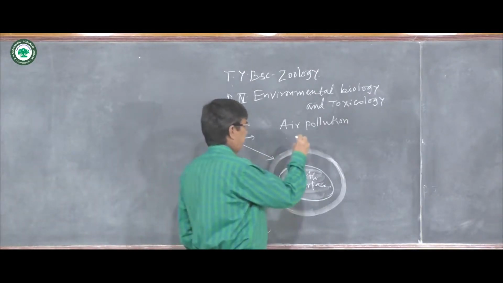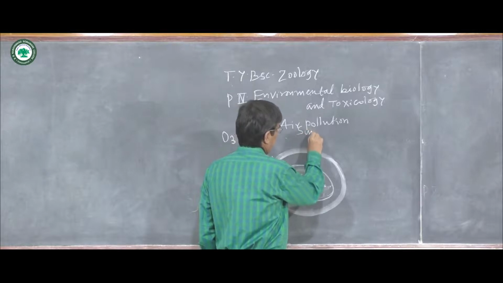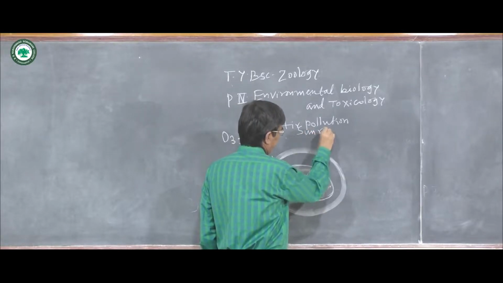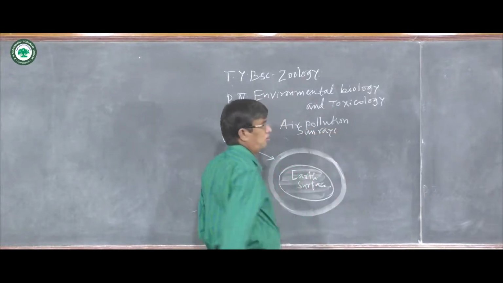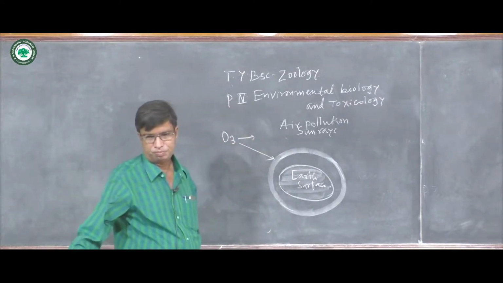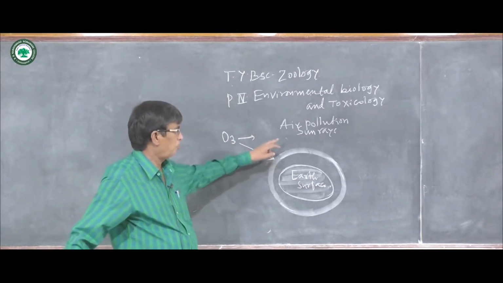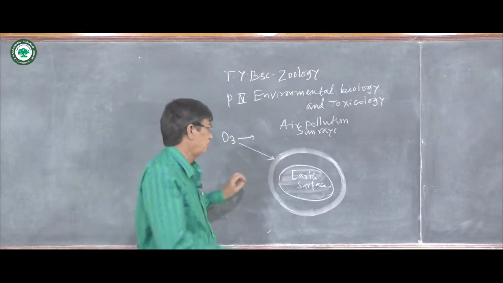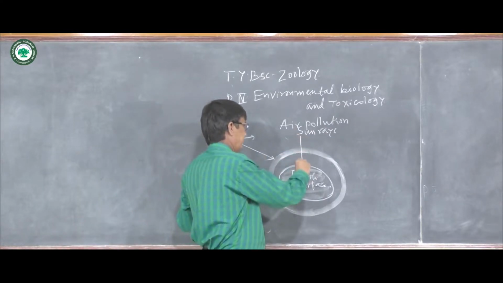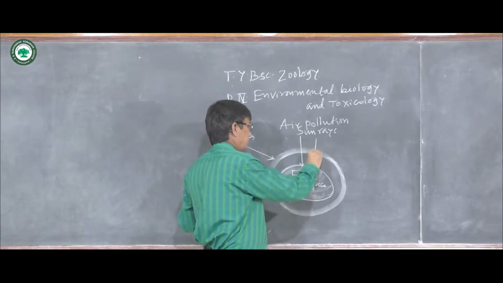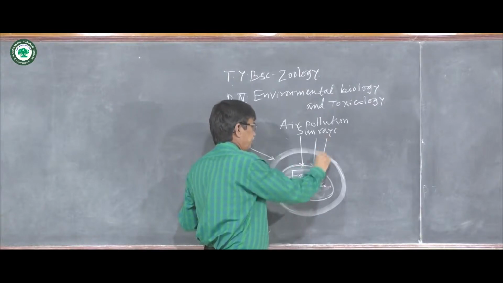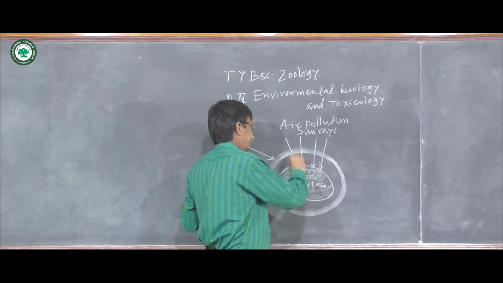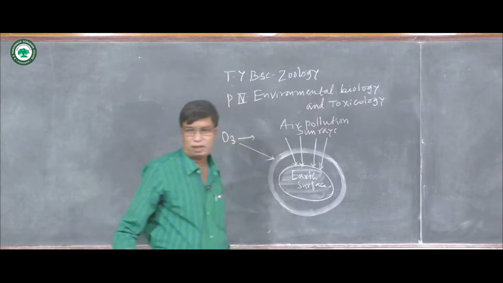The sun rays, that is radiant energy, are emitted from the sun and fall on the ground, that is the earth surface.